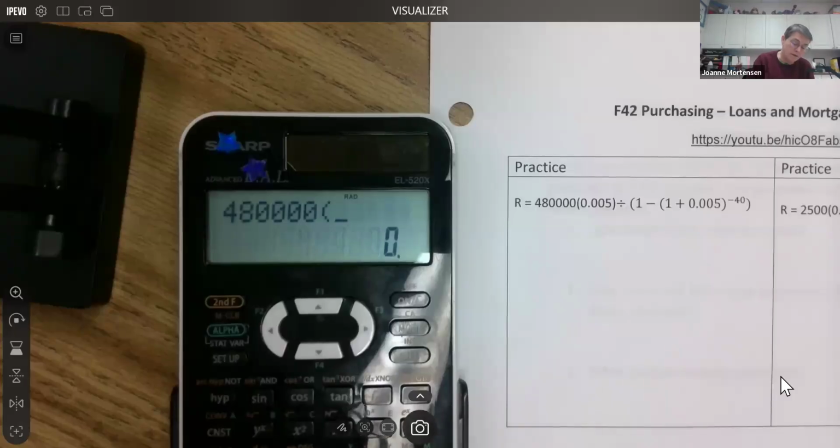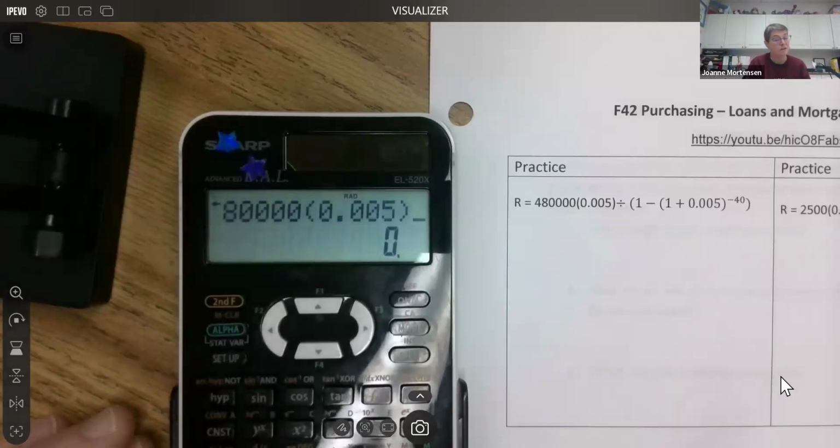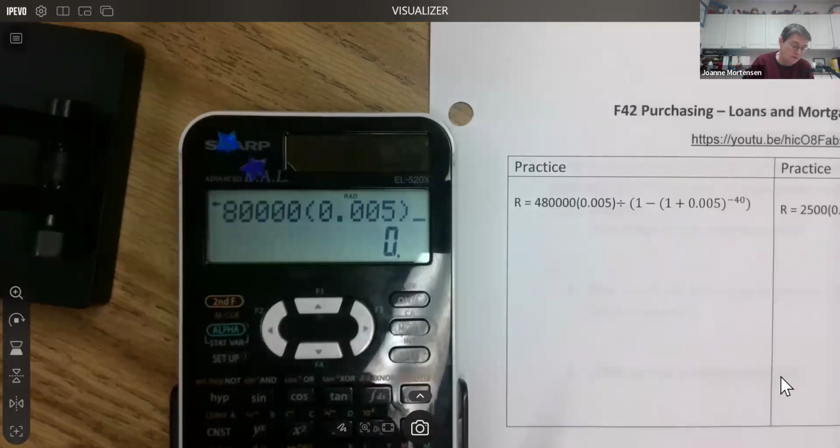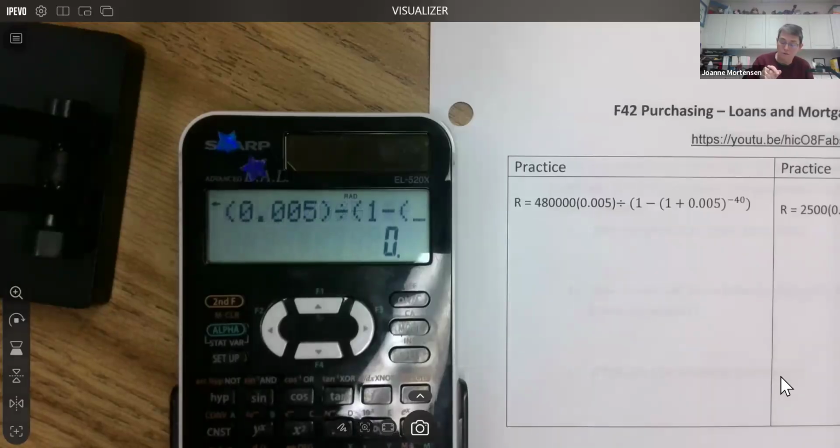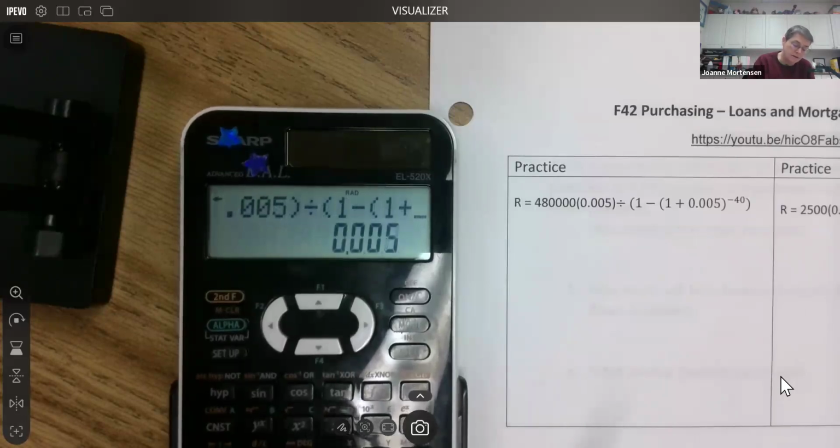Bracket 0.02, zeros and 5, because if you watch my videos, you know that's where Joanne screws up most of the time. At a negative, 1 minus. And there are negatives in this formula, so you've got to be careful. 1 plus 0.005.